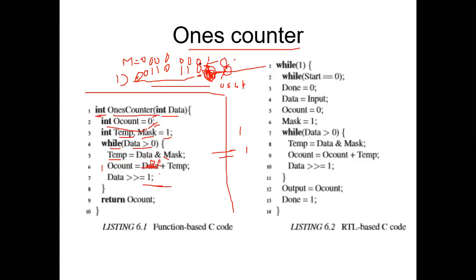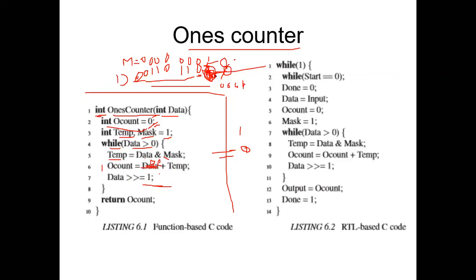The LSB of the mask is 1, but in the data the LSB is 0. So 1 AND 0 will be 0, and the temp value will be 0. Then we do temp plus output count. Output count was 1, so 1 plus 0 is 1. It will be retained, and we repeat the loop.